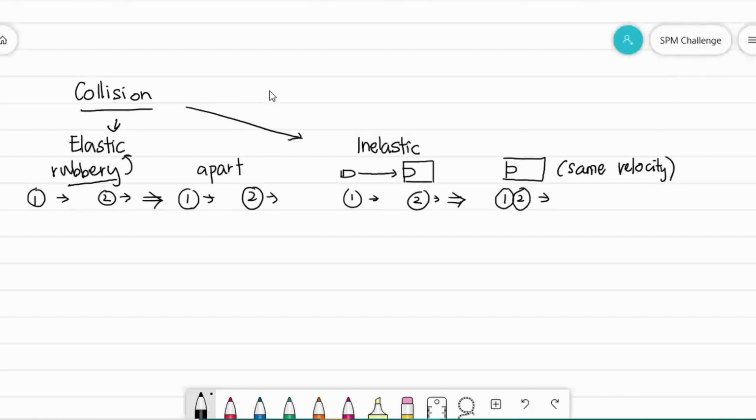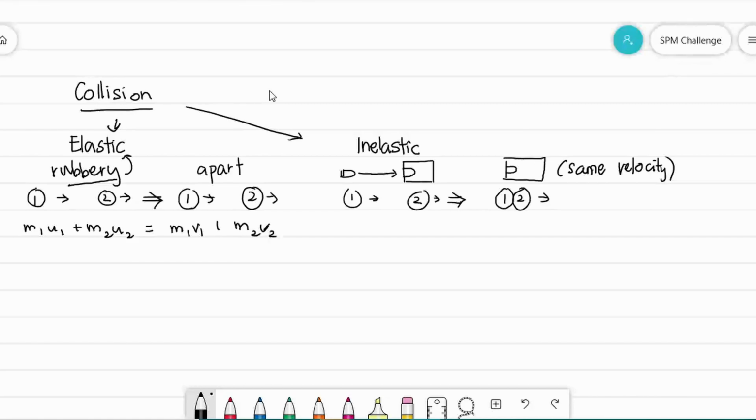We also have to know how to calculate the momentum. So m1 u1 plus m2 u2 equals m1 v1 plus m2 v2.